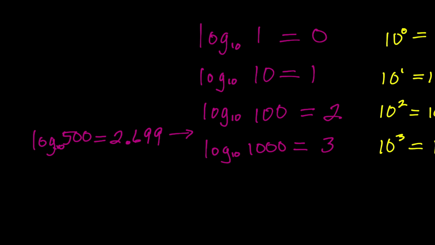So the exponent used with a 10 is between 2 and 3, or 2.699. It goes on a little bit longer than that. But that is the idea with these logarithmic functions, or using logarithms. Remember, a log is an exponent.